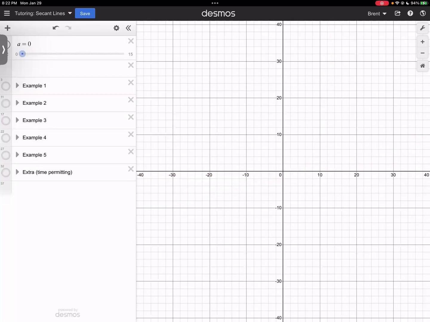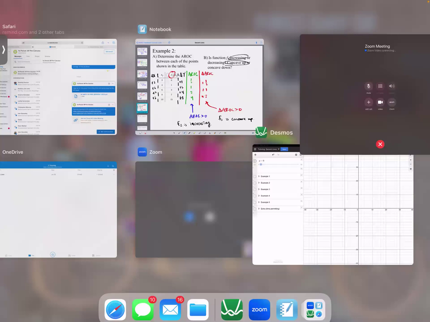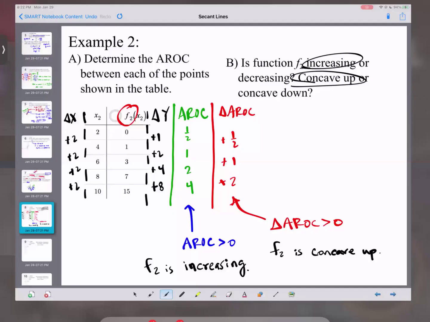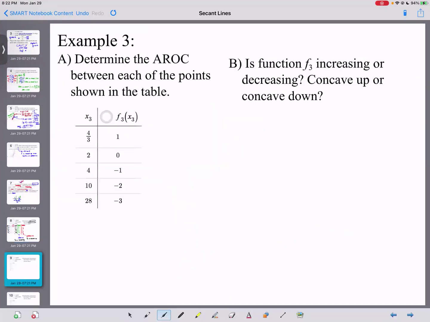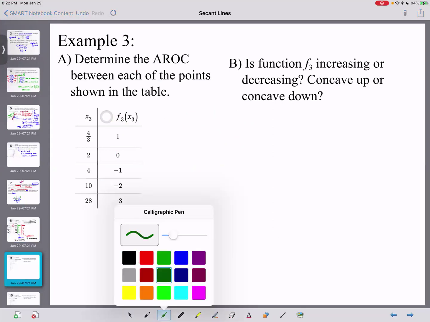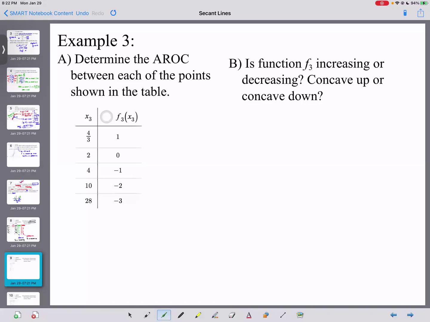All right. So now that you've seen 2 that are basically the same type of graph, let's now try something new. How about example 3? If you're trying this at home, make sure you're finding your change of y's and the change of x.